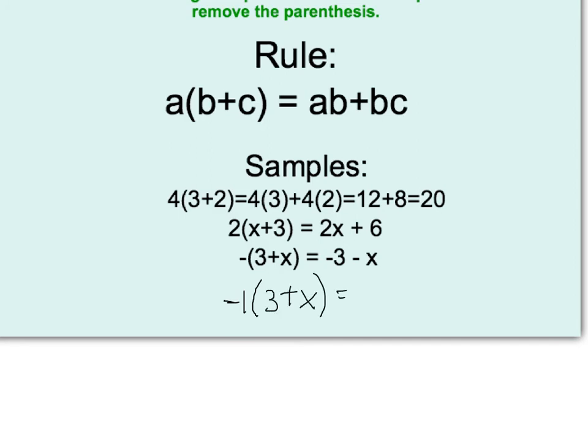You're going to take the negative 1 and multiply it by each term. So a negative 1 times 3 makes negative 3, and a negative 1 times x makes a negative x. And we'll talk about that a little bit more in class.